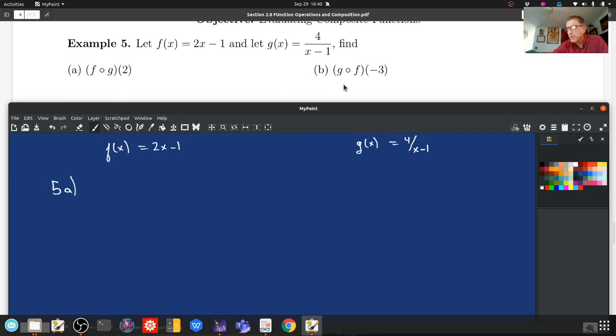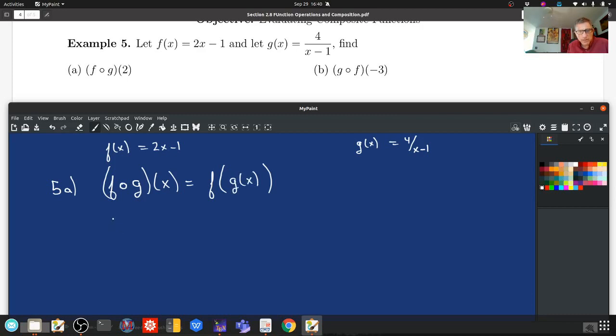So remember, by definition, f, and that's a circle, not a dot, but a circle with an actual hole in it, f composed with g, looks like fog, I know, of x, is by definition f evaluated at g of x.